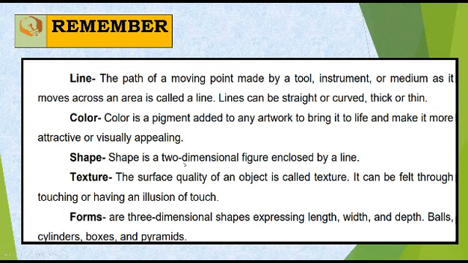Shape is a two-dimensional figure enclosed by a line. Texture. The surface quality of an object is called texture. It can be felt through touching or having an illusion of touch. Forms are three-dimensional shapes expressing length, width, and depth. Balls, cylinders, boxes, and pyramids.